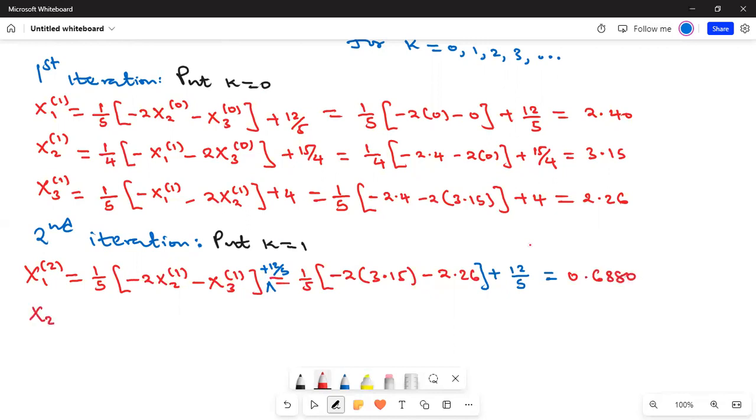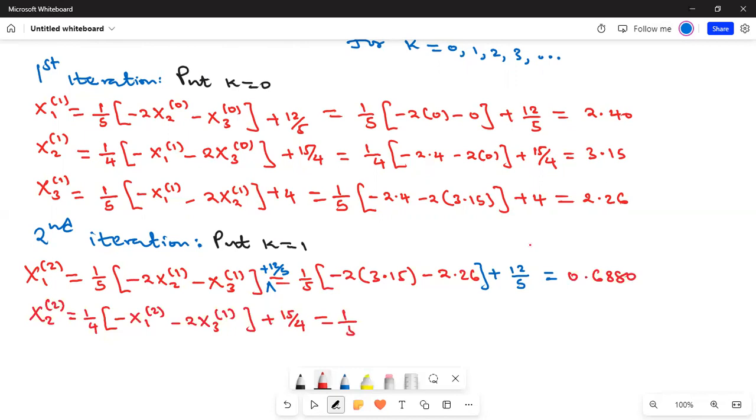Equation 2, x2 at level 2, the 1 over 4 negative x1 at level 2 minus 2x3 at level 1 plus 15 over 4.